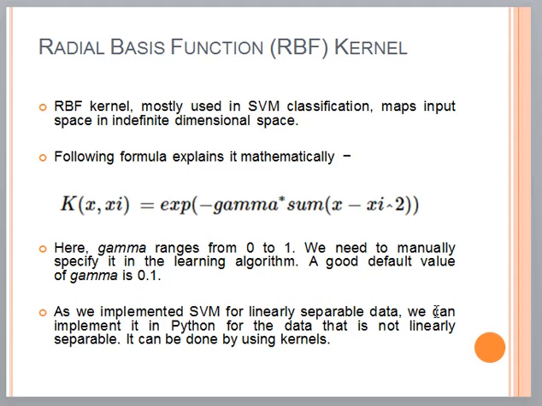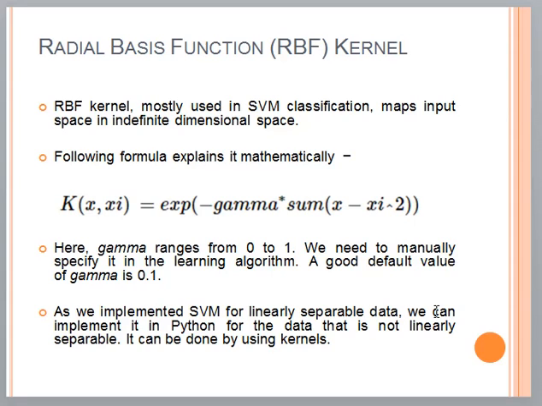So these were two basic kernels which we mostly use in nonlinear space, but there is another function which is known as RBF kernel, which is radial basis function kernel, and we also use this in more complex situations. So in RBF kernel, which is mostly used in SVM classification, it maps input space into indefinite dimensional space, right?